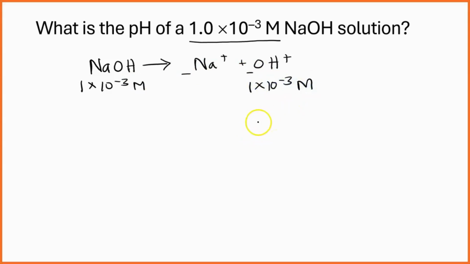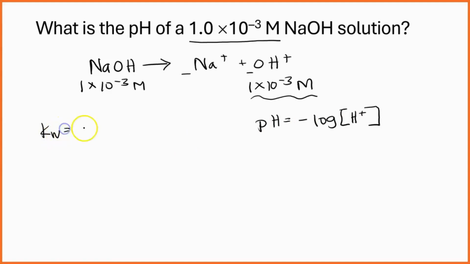The formula that I just said is that pH equals the negative log of the hydrogen concentration. Is this the hydrogen concentration? No, but we just used that Kw 3 times, and we said the hydroxide times the hydrogen equals Kw.